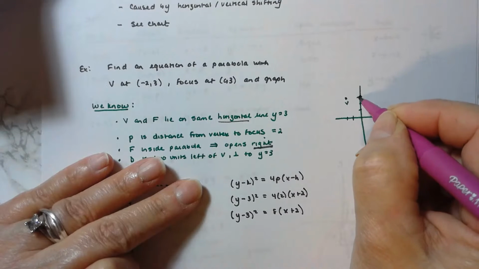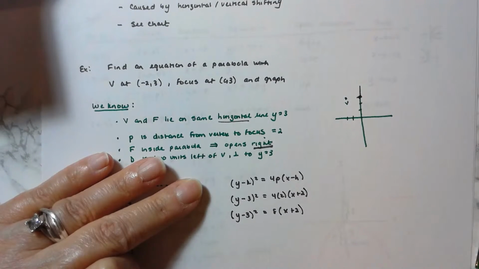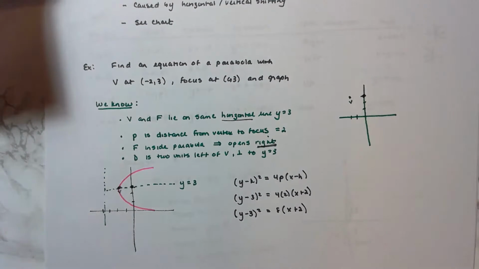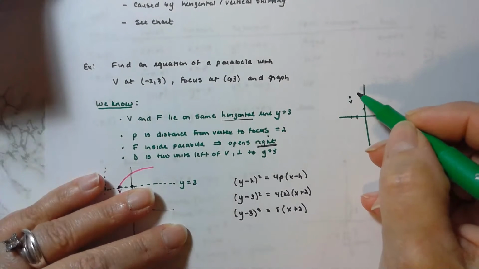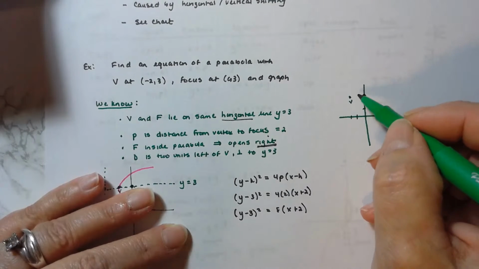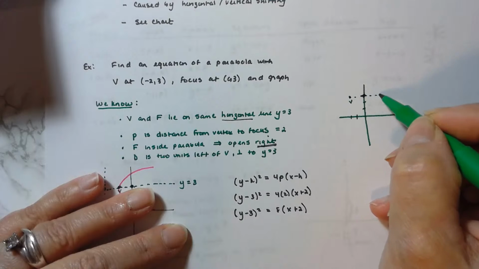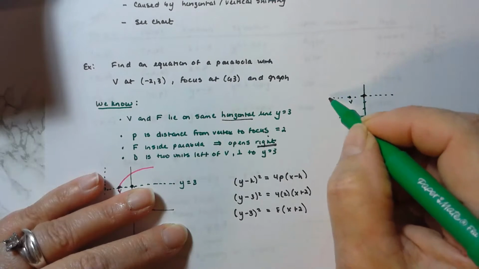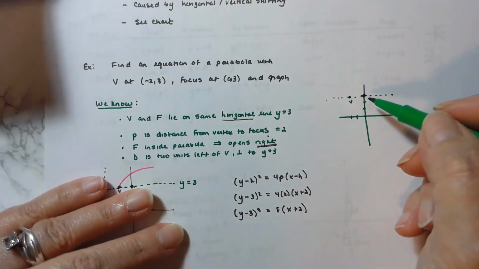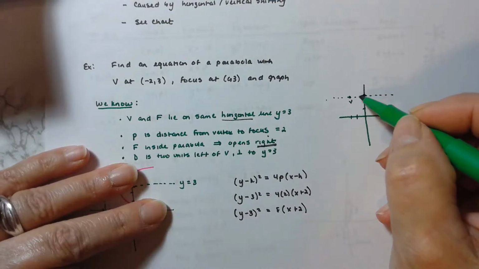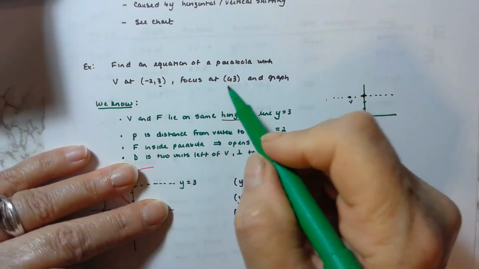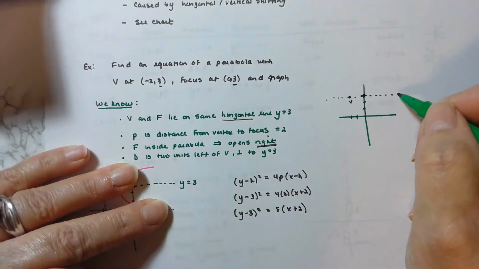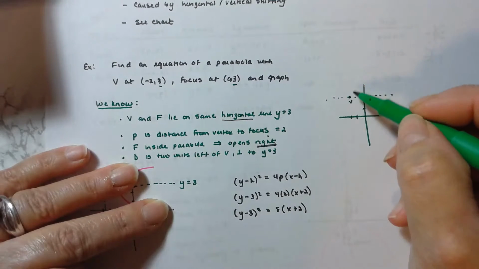Well, that's right here. Guess what? That means my parabola has to open to the right, because the vertex and the focus always lie on the axis of symmetry, and the y values are the same. They're both 3. So I know that this is the line y equals 3. That's my axis of symmetry.